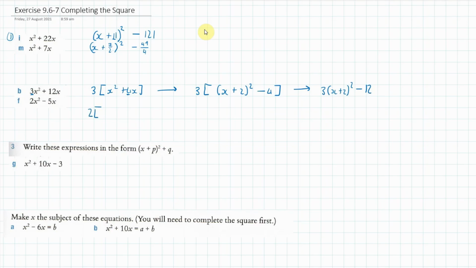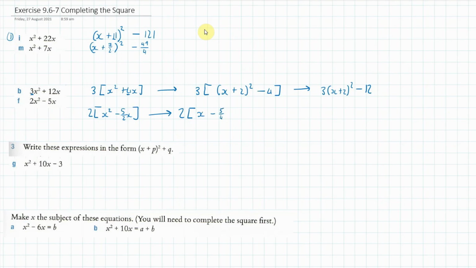Again, I would use my square bracket, so I'm going to take 2 out of x squared, and then it will become minus 5 over 2 x. And then I'm going to complete the square within those square brackets. So that will give me x minus, now half of 5 over 2 is 5 over 4, right?